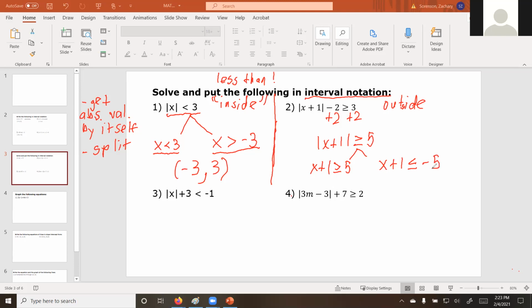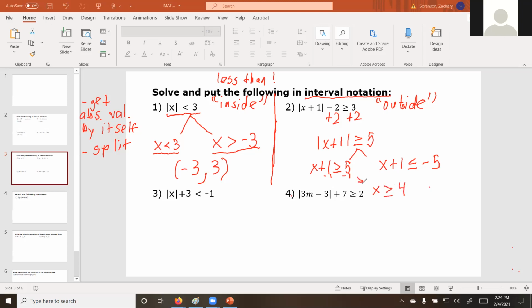Okay. Everyone good so far? I think so. Cool. And so now how do I solve these two inequalities? Subtract the 1 from each? I will get X is greater than or equal to 4.